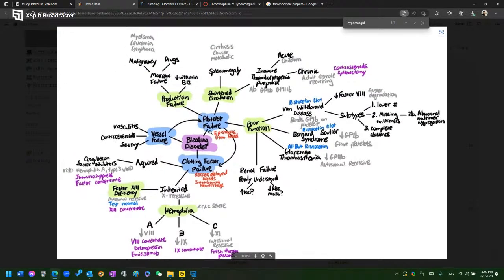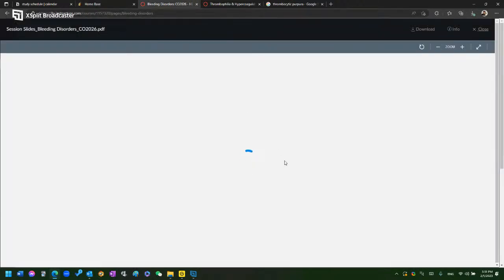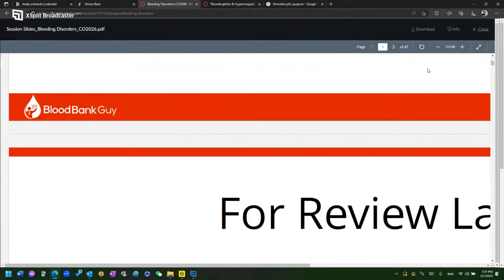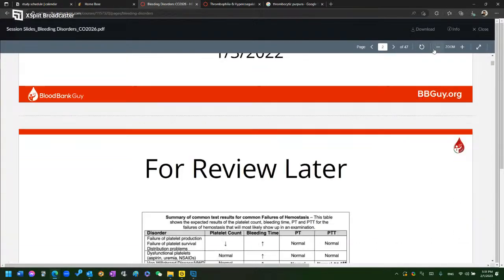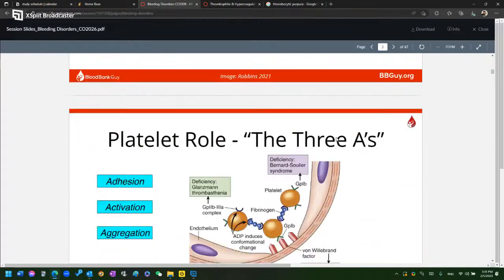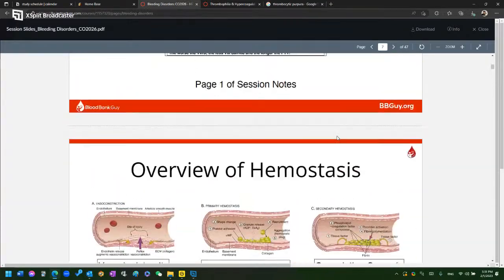But essentially any part of the process, from the vasoconstriction, which is not as important, but any part of the process including that initial platelet aggregation, cohesion, activation, or anything involved in your clotting factors is going to cause a problem.